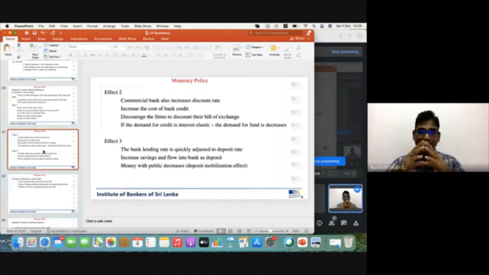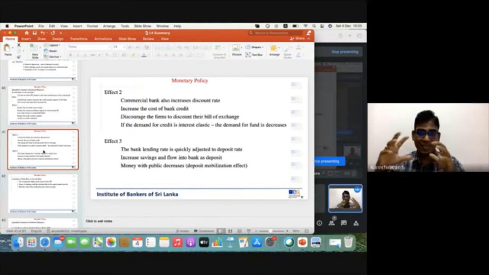So the central bank can easily cut the credit or expand the credit creation capacity, and then deposit mobilization as well. Now in this pandemic situation, the central bank reduced the bank rate, so it pushes more credit.